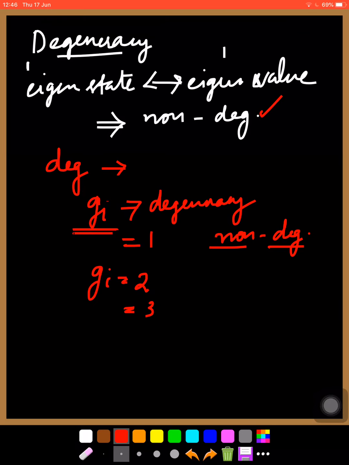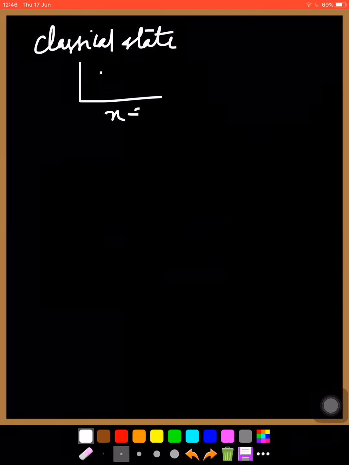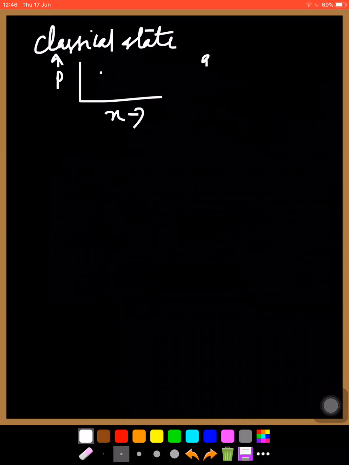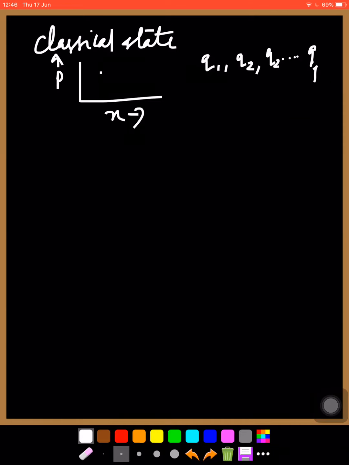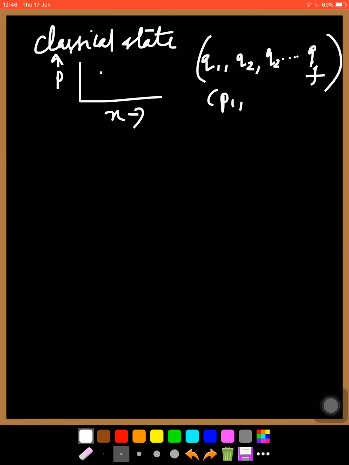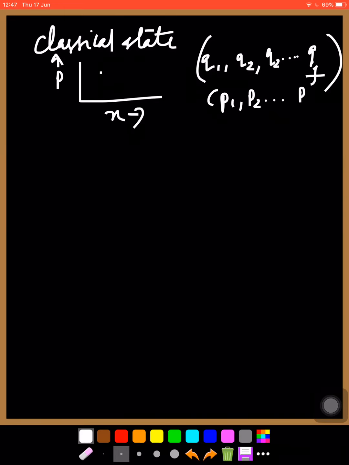Then we will move on to density matrix. And as we know, the classical state is represented by one point in the phase space, and corresponding to that point there will be different position values q1, q2, q3 etc. up to qf depending upon the number of degrees of freedom, then p1, p2 etc. up to pf.